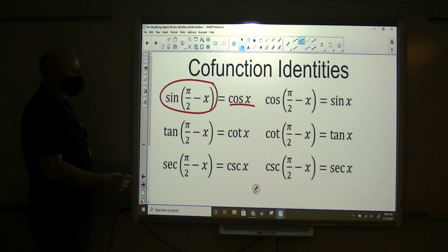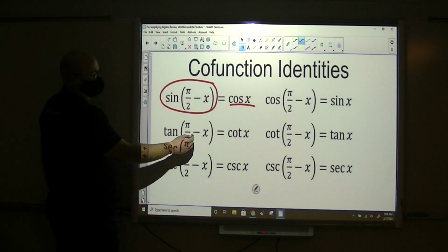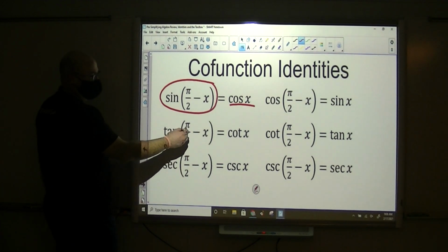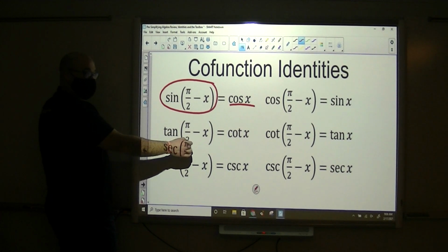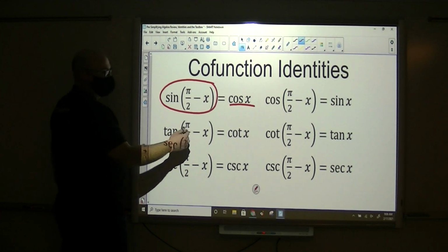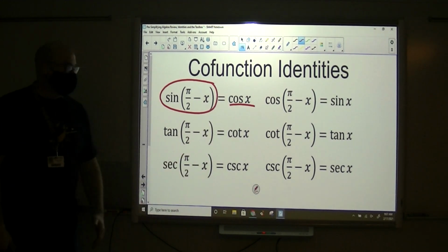Okay? Now understand what these are saying, right? This is saying that the tangent of x, if we take x away from pi over 2, which is 90 degrees. So we're saying that the tangent of one angle is the cotangent of its complement, right?